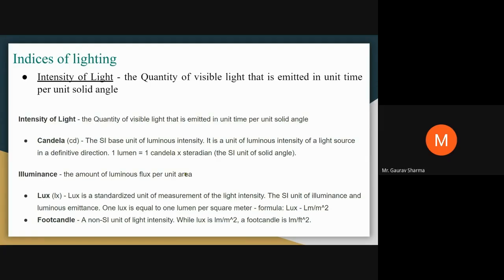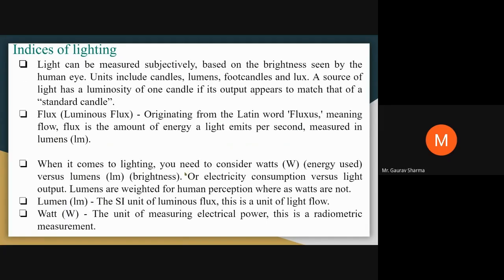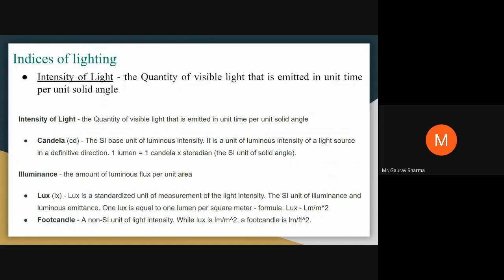If we are sensing it, that means it is somewhere in the flux. If it is distributed in terms of intensity on the 360 around the source, that means we are measuring it in terms of candela or intensity of light. And if we are measuring it as distributed on some unit area, let's say a square foot or a square meter, that means it is illuminance.